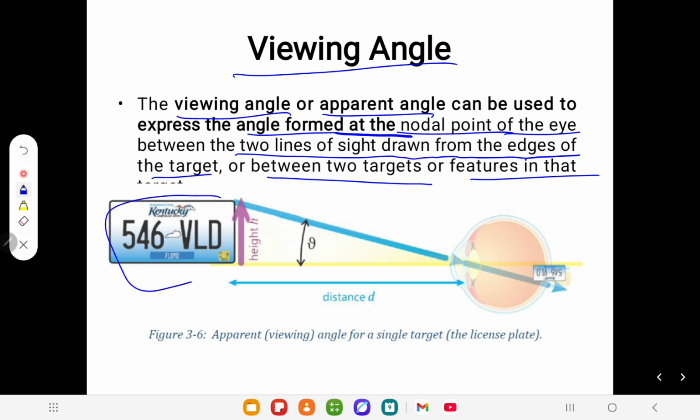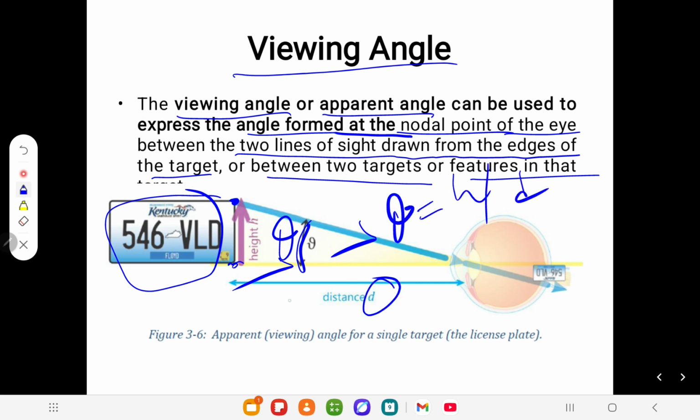Suppose this is the license plate, and this is the line of sight to one edge of the license plate, and this is the line of sight to the other edge, and the angle between those lines of sight is theta, equal to s divided by d. This is d, this is s. This holds if theta is small and in radian, isn't it? That's what we are talking about.